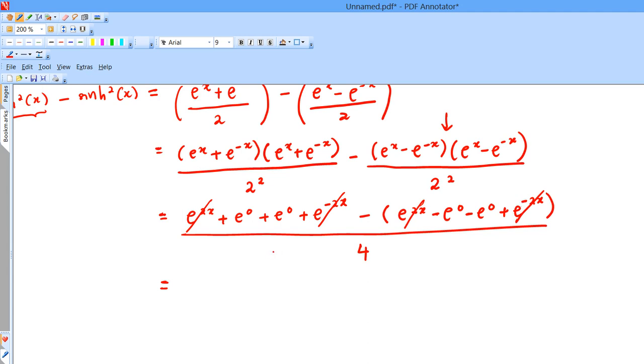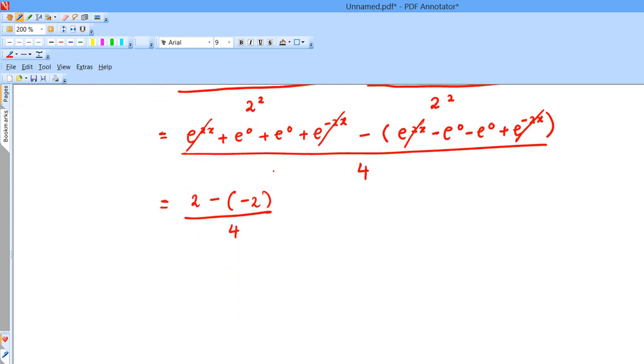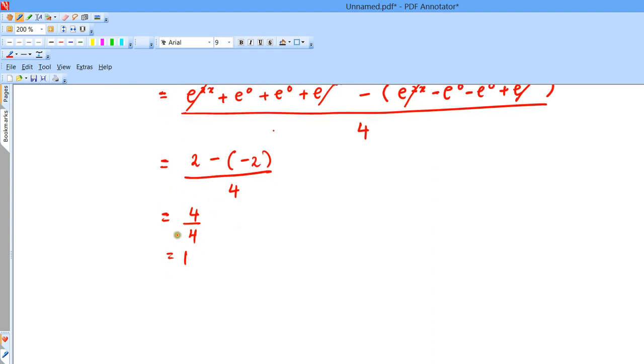So 1 plus 1 equal to 2, and then minus, in bracket, negative 2, over 4. So 2 plus 2 equal to 4 over 4 equal to 1. So this left hand side is actually equal to right hand side.